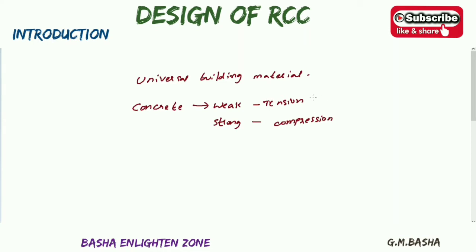Its low tensile strength is compensated by introducing steel reinforcement in the tension zone. Thus the concrete is strengthened by steel, and the resultant composite mass is known as reinforced cement concrete, which is RCC.